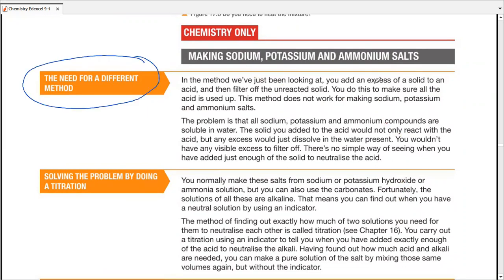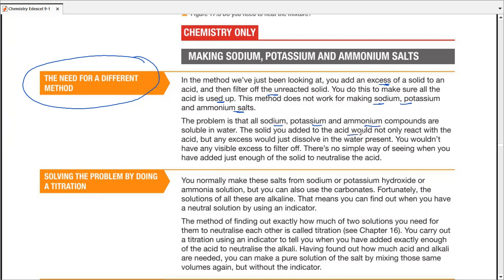Now, your current method is that you add an excess of solid, filter off the unreacted solid, and you make sure all the acid is used up, because probably the acid would pass through the filter paper and would interfere with the process. This method does not work for sodium, potassium, and ammonium salts. The problem is that all sodium, potassium, and ammonium compounds are soluble in water.